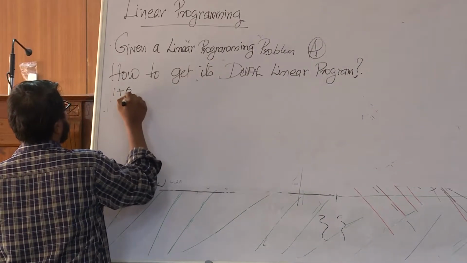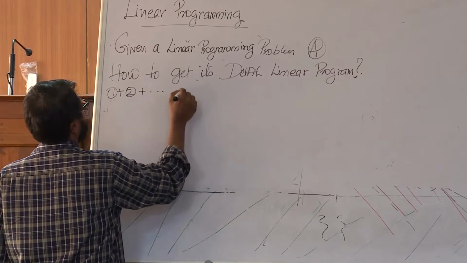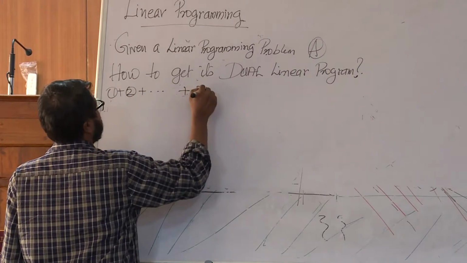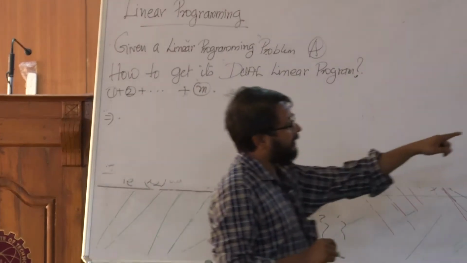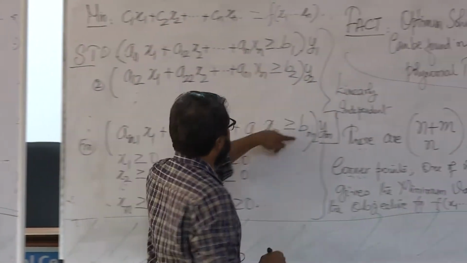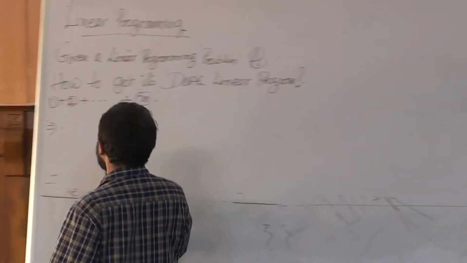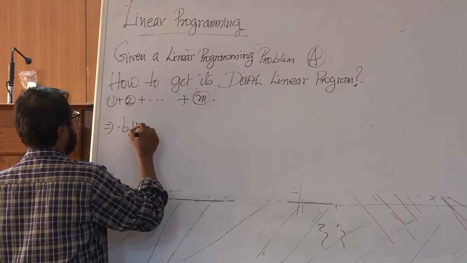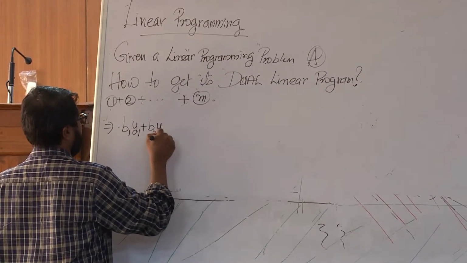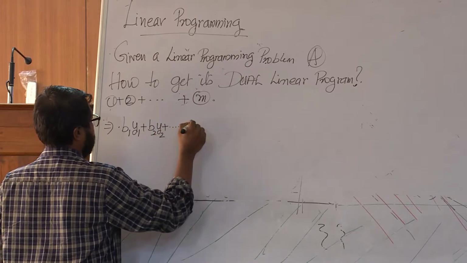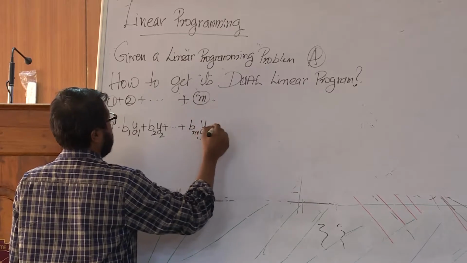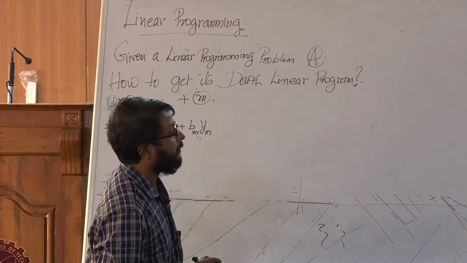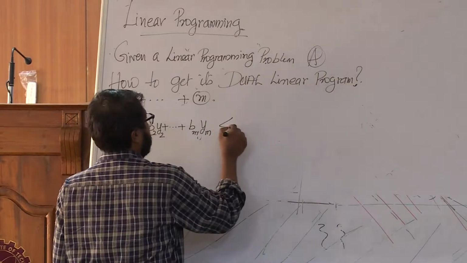So, 1 plus 2 plus up to m gives you what? I will start with the right side. What is there on the right side? So, this is b1 y1 and so on, this is less than or equal to, correct?